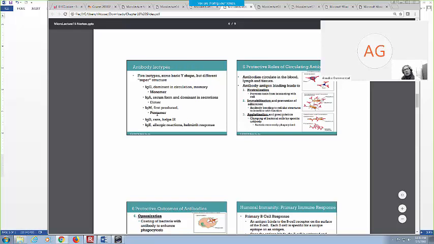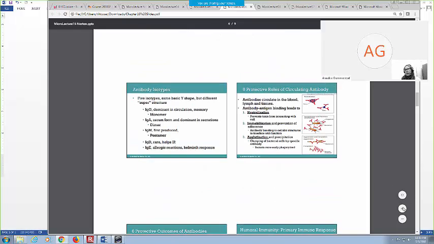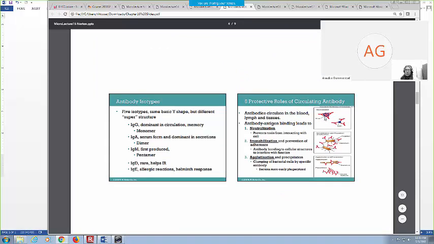IgM, because it's a pentamer, tends to be much better at agglutinating pathogens. You can see in this figure to the right, let me just move it down a little bit, the red is the antibody, and that's just a monomer, similar to how you would see IgG acting. But any of these other classes of antibody can have similar functions to a monomer.